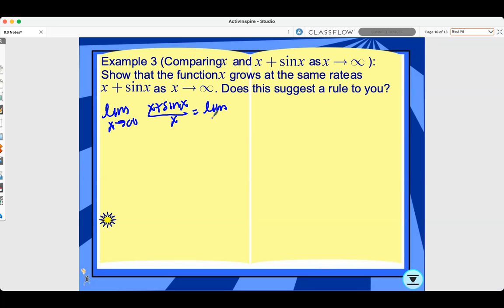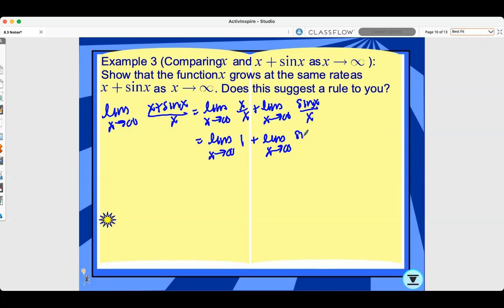And this would be the same as the limit of x over x plus the limit as x approaches infinity of sine x over x. This would equal the limit of 1 plus the limit of sine x over x. And this would equal 1 plus 0, which equals 1.